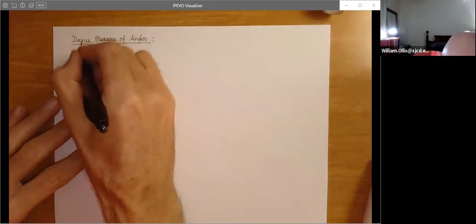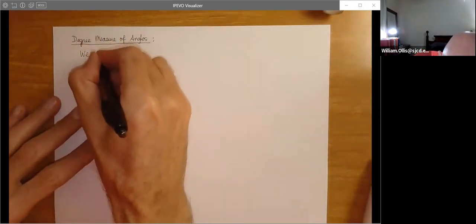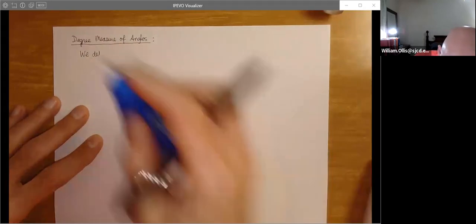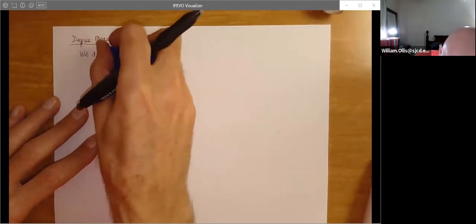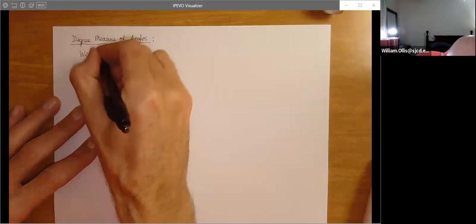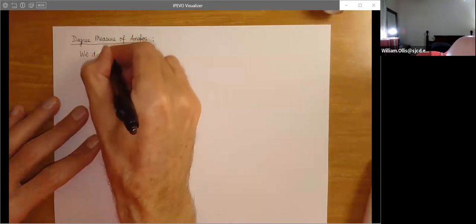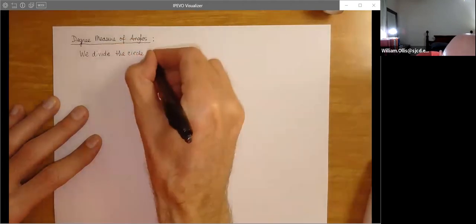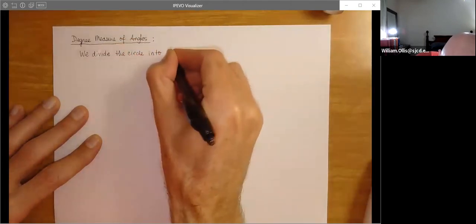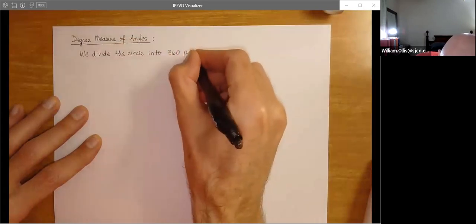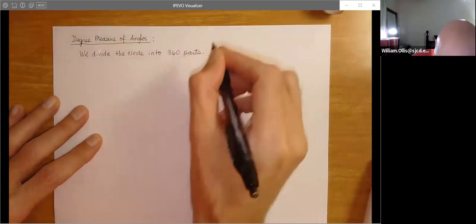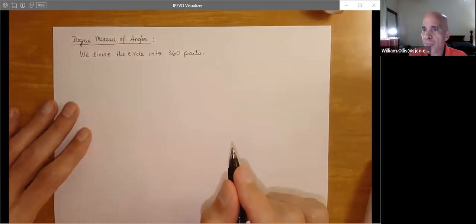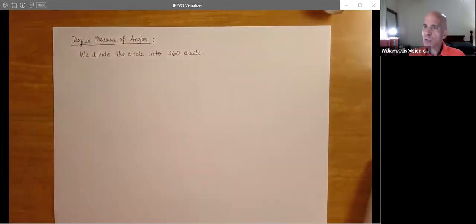So we divide, well, I was going to say define. Let me just say this. We divide the circle into 360 parts. So if you think about that, you really do have to identify that with the measurement along the circle.